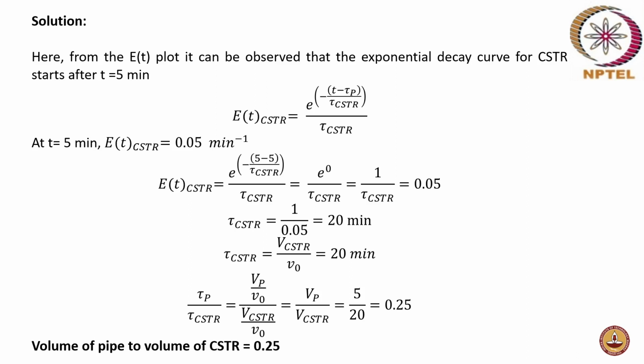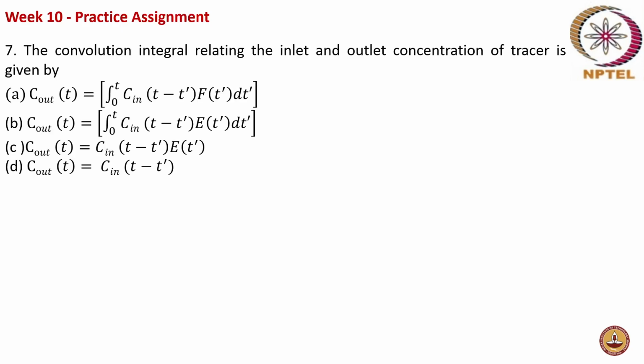Okay. Now, let's go on to the last question for this session. The convolution integral relating the inlet and outlet concentration of the tracer is given by. So, there was a discussion on the convolution integral that correlates the inlet tracer concentration to the outlet tracer concentration.